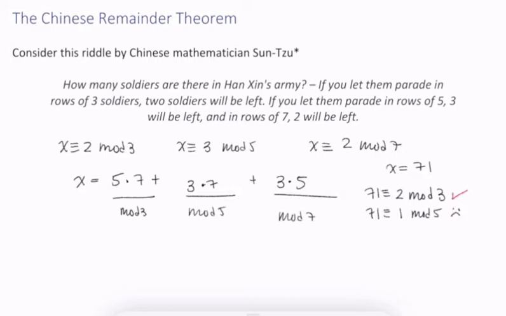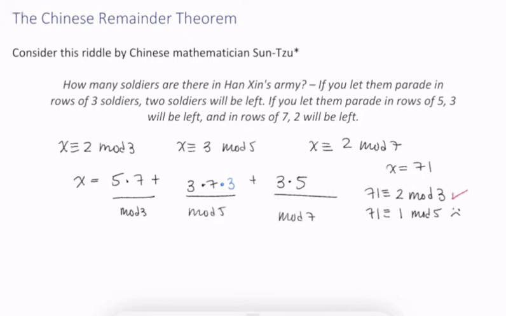So what can we do to fix this? Well, if you notice, we want x to be equivalent to 3 mod 5. What number can we multiply 1 by to make it equivalent to 3 mod 5? If you said 3, you're correct. So let's go ahead and multiply by another 3 right here.